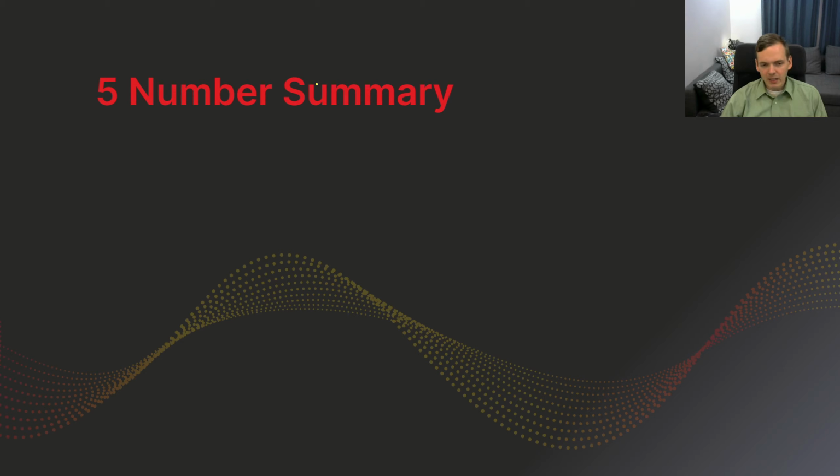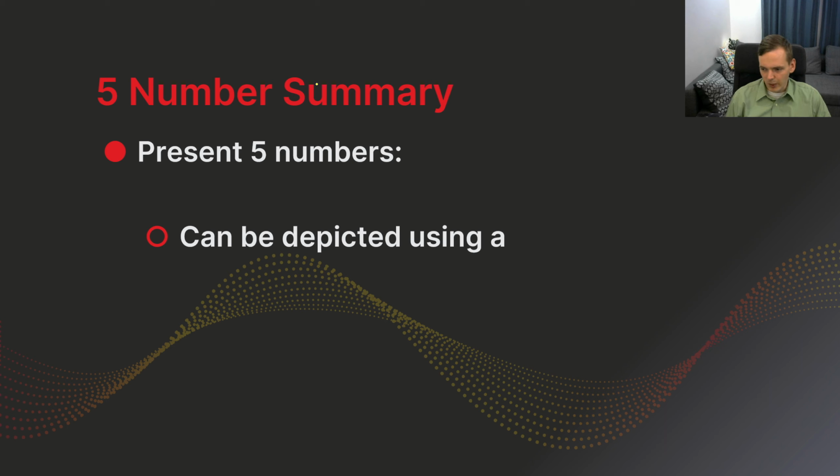Okay, we've talked about a lot of numbers. Now we want to talk about the 5-number summary. If you're talking about data, one of the ways we talk about the spread is by presenting 5 numbers. The minimum, the maximum, the first quartile, the median, or if you prefer, the second quartile, and the third quartile, or Q3.